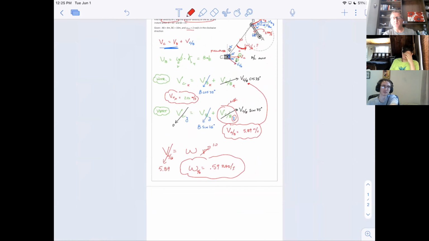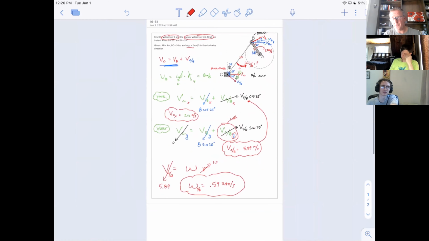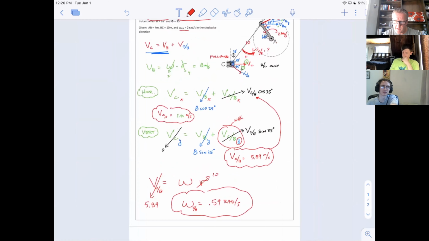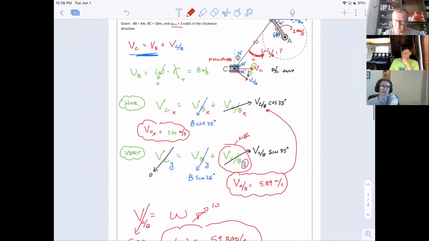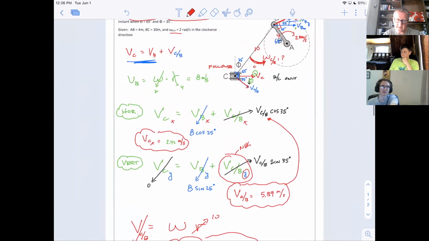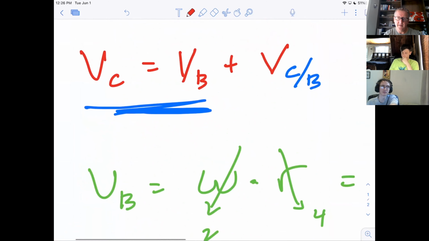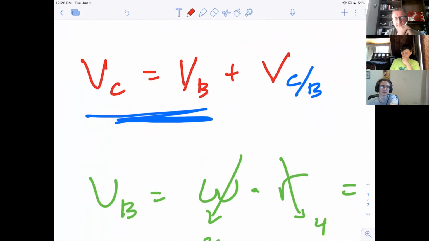So all I want to do next time is just play with this some more and keep giving you examples. There's one other way to do these problems that we'll get to at some point, but it isn't any less work. It's just kind of a cool thing to think about. The only thing I would like you to take away is the fact that all of these are dictated by that equation and splitting things into X's and Y's.